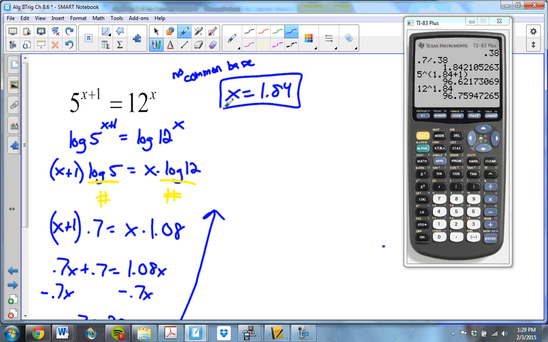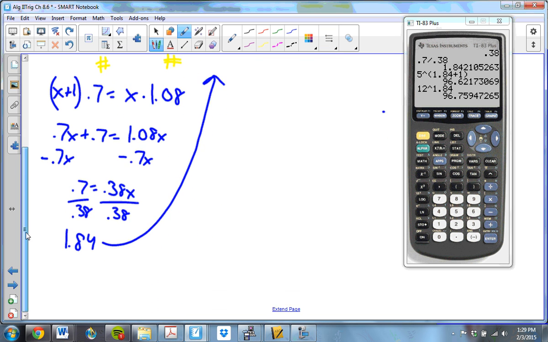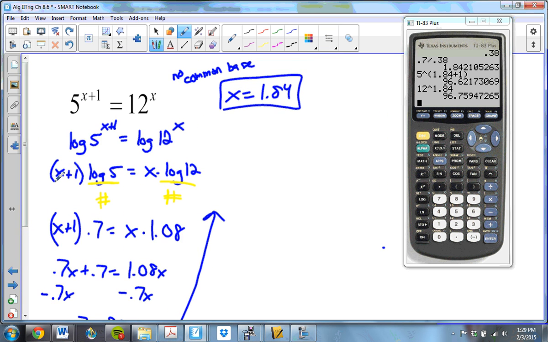If I want to do that while keeping my perfect accuracy, instead of making these decimals at this step here, I would have said x log 5 plus 1 log 5 equals x log 12.